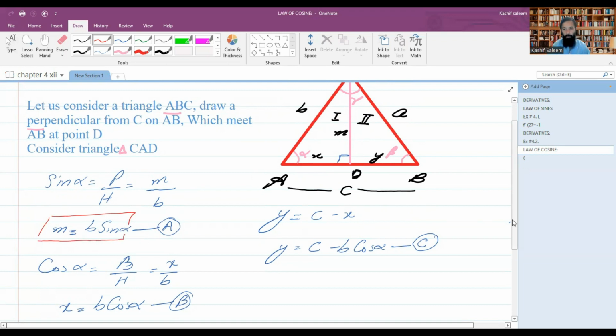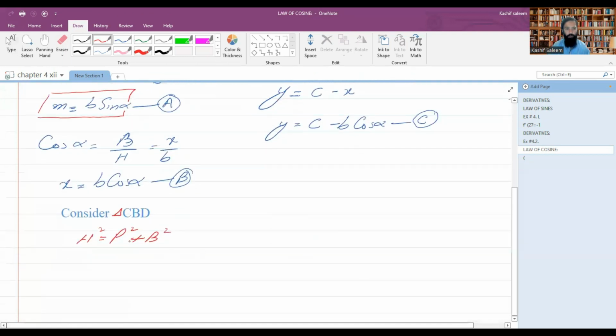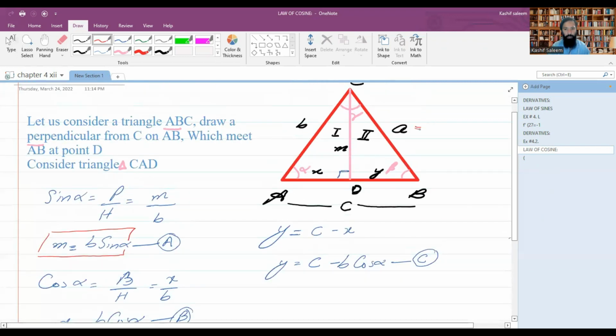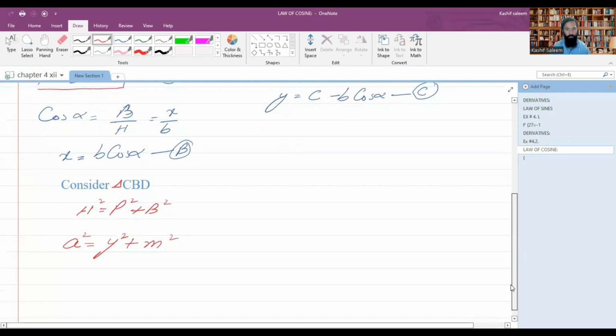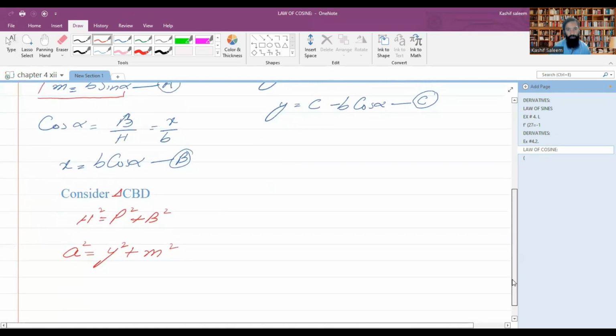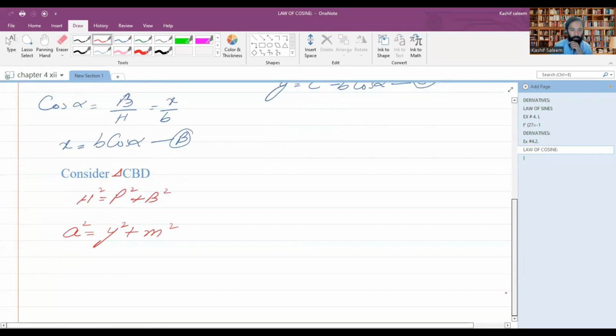So now the hypotenuse is equal to a, the perpendicular is equal to m, and the base is equal to y, because we are considering the second triangle. So we have a square is equal to y square plus m square. Now just put the values of the variables which we have already defined. What is the value of y?